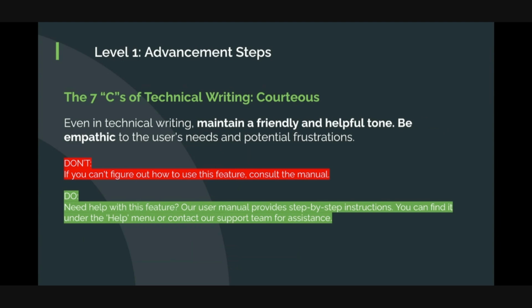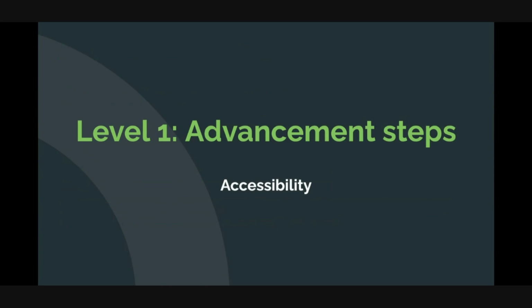So, for example, by mentioning the option to contact the support team, it reassures the users that they have multiple avenues for assistance, enhancing their overall experience. You should, of course, use straightforward language. The content should be user-friendly, making it more accessible for users who might be hesitant to seek help. And if we're talking about accessibility, David, the floor is yours.